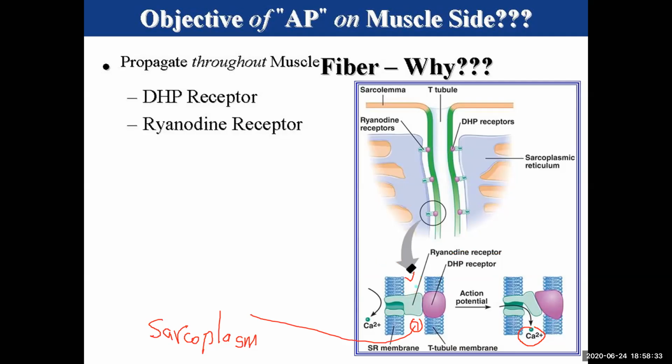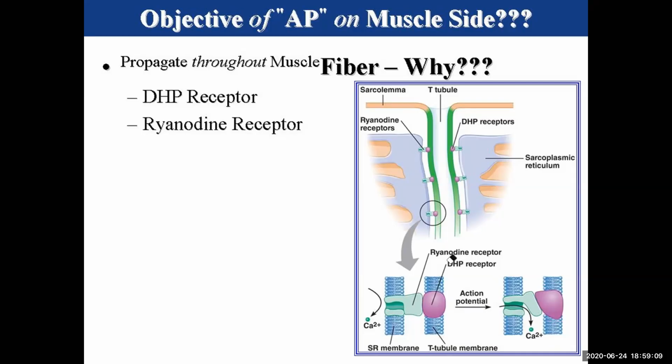Every time an action potential propagates throughout the skeletal muscle fiber, every time the action potential propagates throughout the entire sarcolemma, including when it propagates along the sarcolemma that invaginates the cell, that structure, that region, we call it T-tubule, it will be detected by transmembrane proteins that are sensitive to the arrival of this depolarization signal.